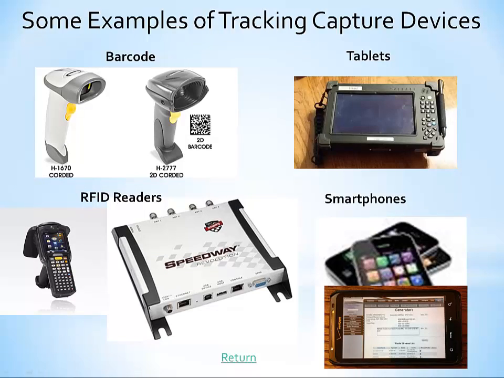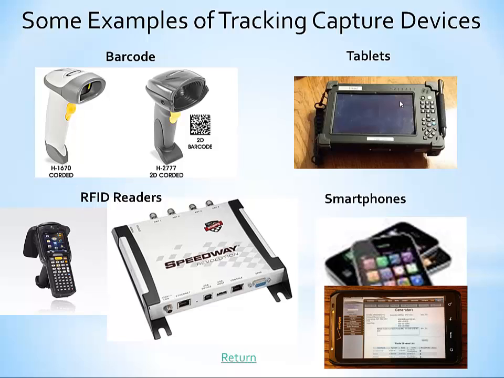Some types of equipment, again, depending on the tag, we have barcode type readers at the top. Below that, we have a couple of different RFID readers. But in many cases, other devices can also be used. So there are tablets like in the upper right-hand corner, that's an industrial tablet, and it may have on it an RFID scanner, or it may have a barcode reader.